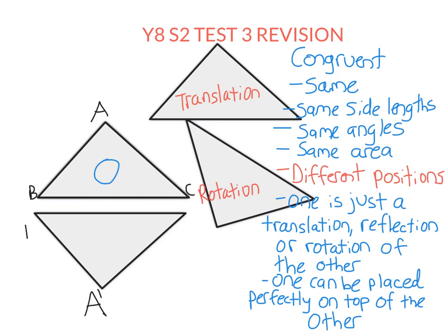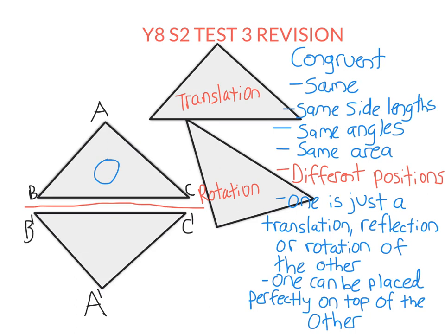So then B will go here and C will go here. So note, B and C were swapped around depending on whether I performed a rotation or reflection. So if I leave the vertices as they are here, I can tell that this was a reflection. It would actually be a reflection about the line that goes through here, okay?